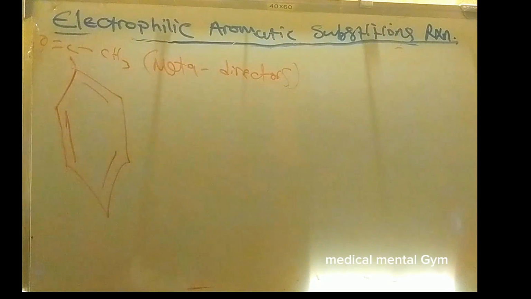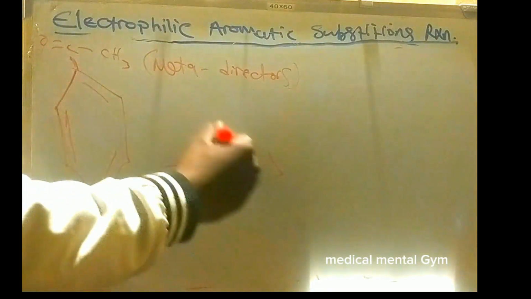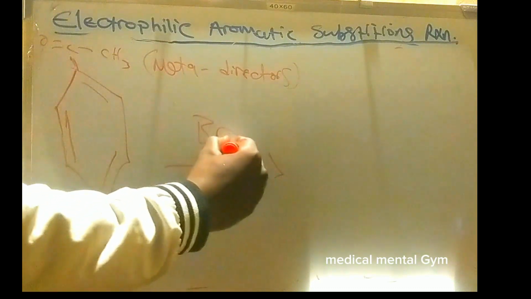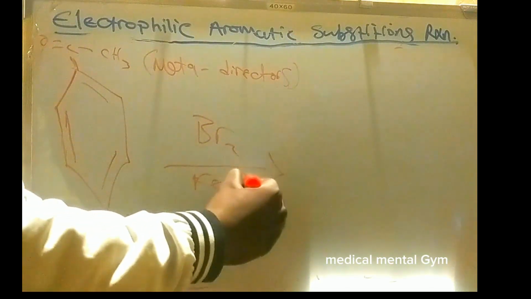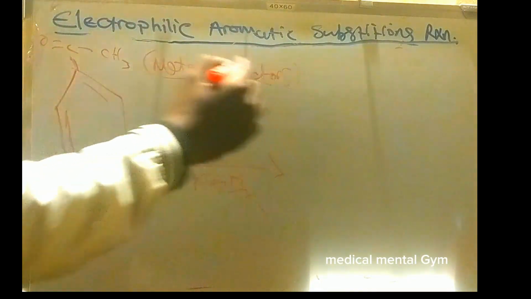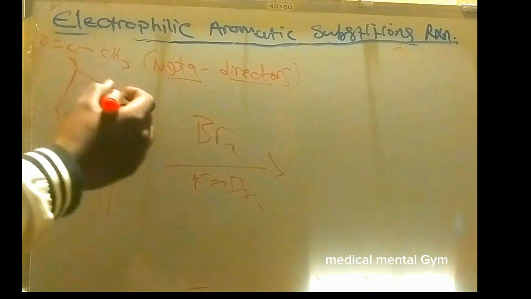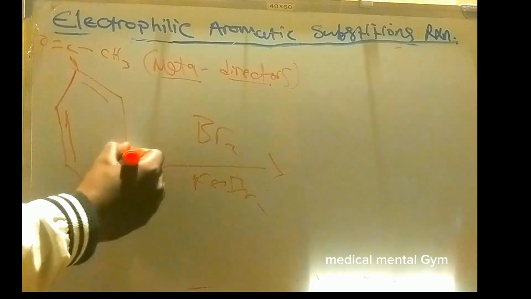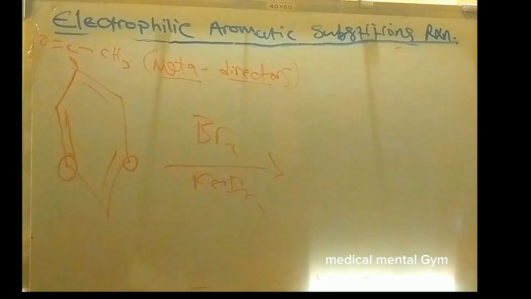So if we are to begin with this acyl group as our first molecule, we discover that the only possible positions of the incoming molecule are going to be the meta positions. So we deduce that only this position and this position can be occupied by the incoming group.